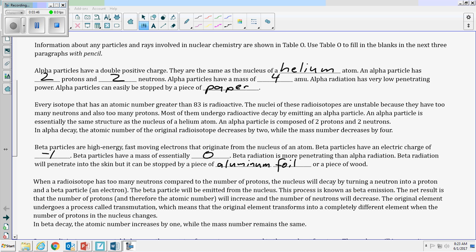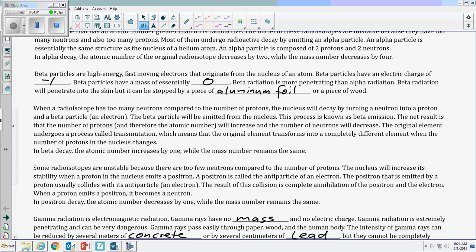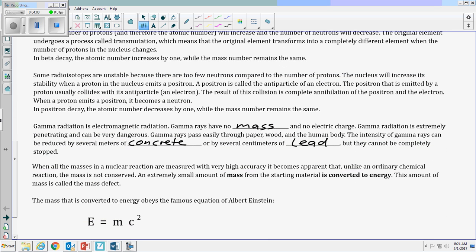So that's already somewhat thicker, somewhat more substantial, because it doesn't have much mass, but at least it has a charge, so it can be interacted with by something like the electrons in a metal. And then if you go down all the way to gamma radiation, which has neither mass nor an electric charge, it's very hard to throw them off course or interact with them, and therefore it's very hard to block them.